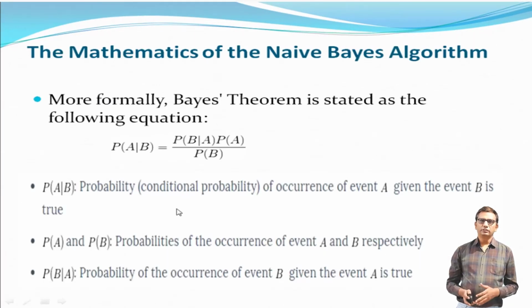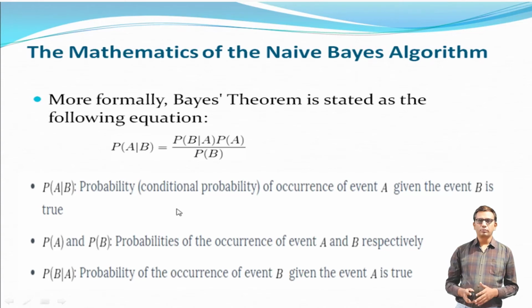The mathematical form of Bayes theorem is like this: probability of A given B equals probability of B given A into probability of A, upon probability of B. Here probability of A given B is the conditional probability, the occurrence of A when B is already true. Probabilities of A and B are always positive, and probability of B given A is the occurrence of B when A is true. That is the concept of Bayes theorem.